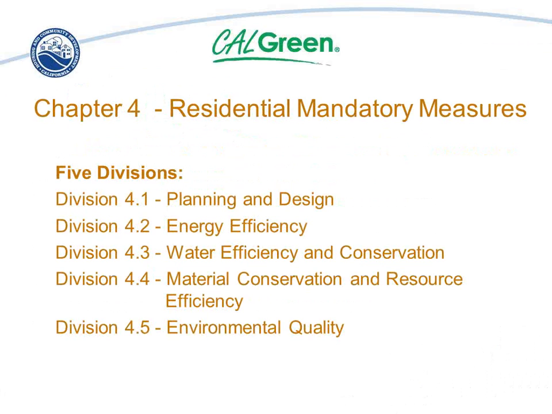So if you have questions on the energy portions of CALGreen, whether it's the mandatory, which actually falls back to the California Energy Code, or the Tier 1 and Tier 2 structures, you would contact the California Energy Commission. The third division is water efficiency and conservation. Fourth division is material conservation and resource efficiency. And lastly, we have environmental quality.